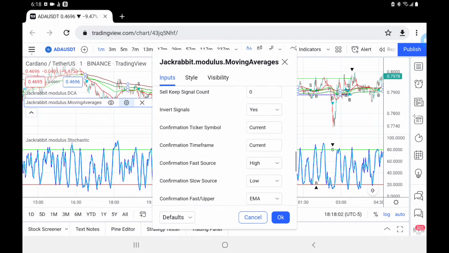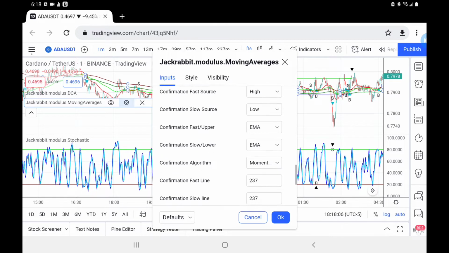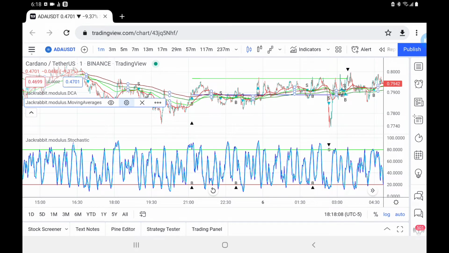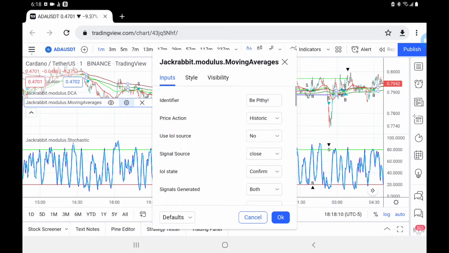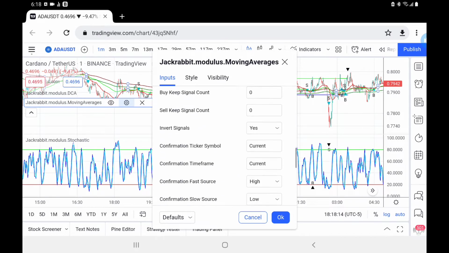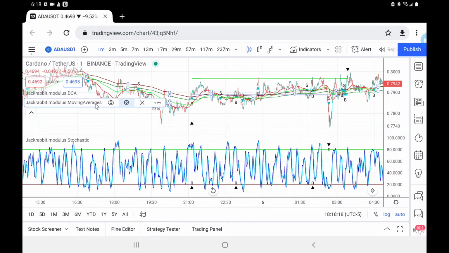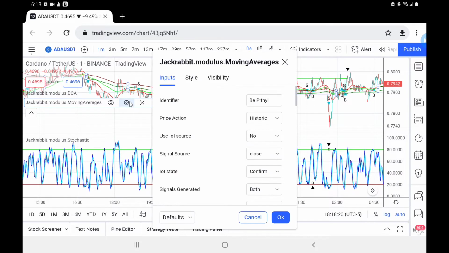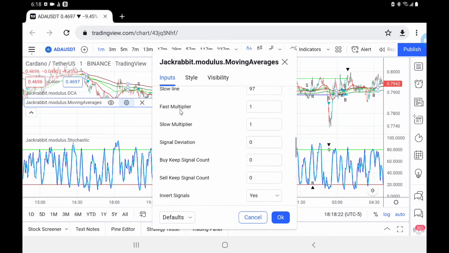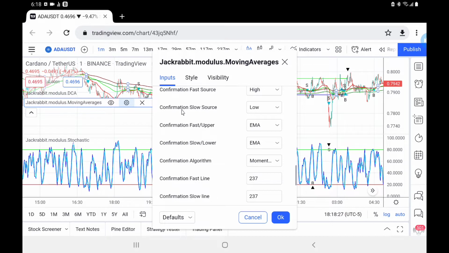Okay, let's get down to our momentum. Momentum is a standard split channel, 237 length. Again, prime numbers. And I'm going to kill my tablet. There we go.